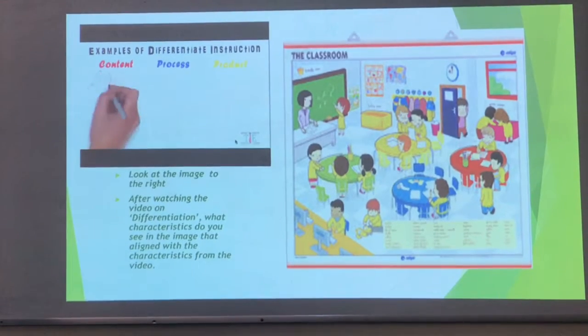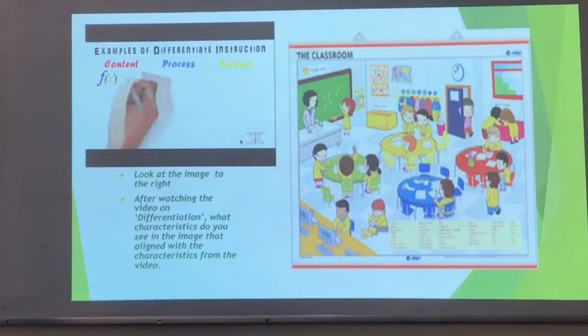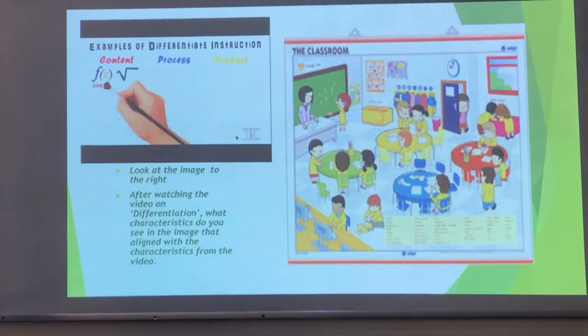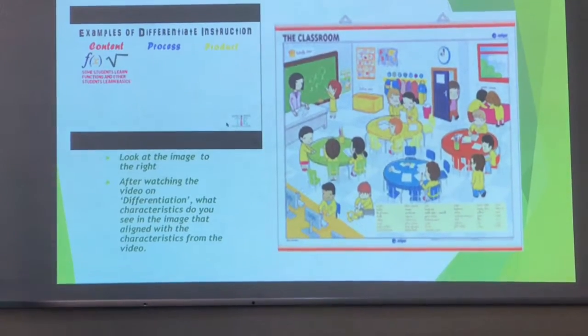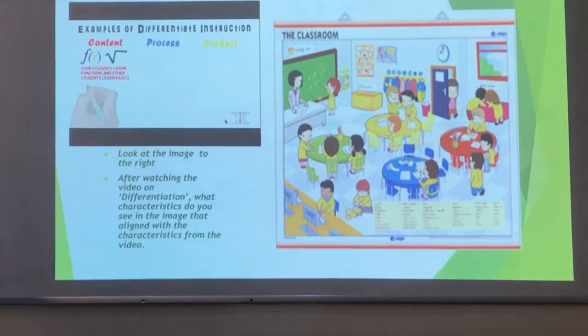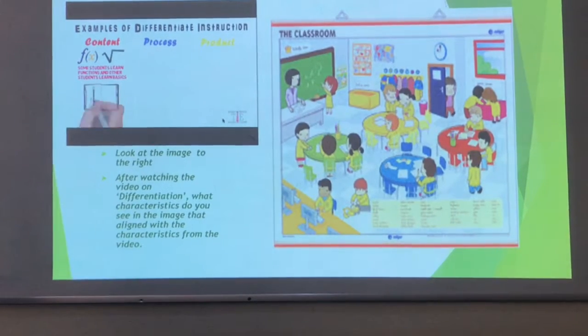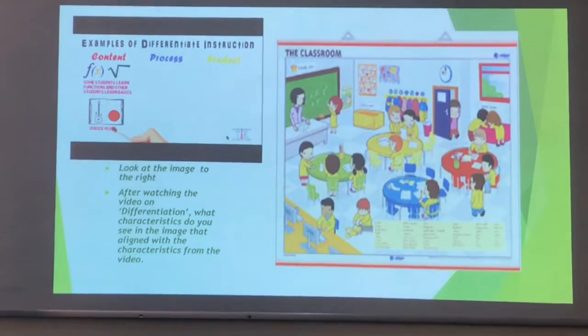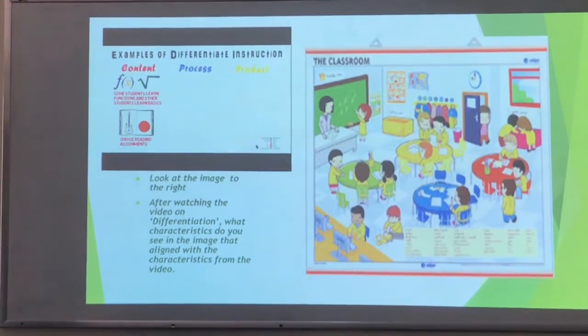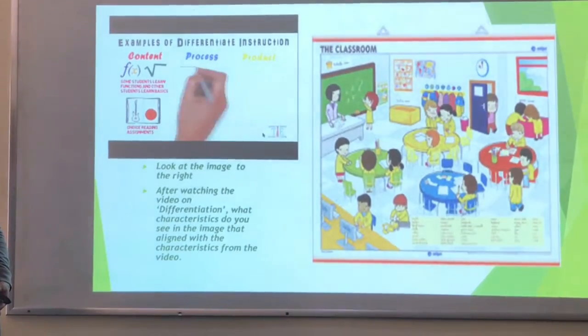Differentiated content is related to what the students learn. But again, you want it to be the same standard. Some students might reach functions on a standard while others are still focusing on the basics of a standard. The content delivery can be varied based on student interest. For example, some students read stories based on music, while others read stories based on sports.